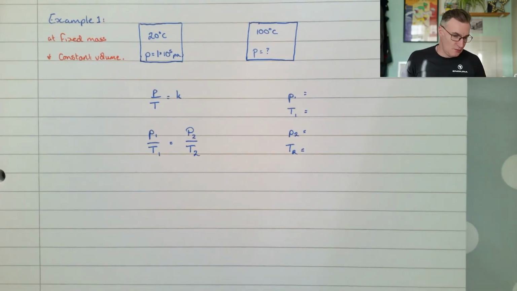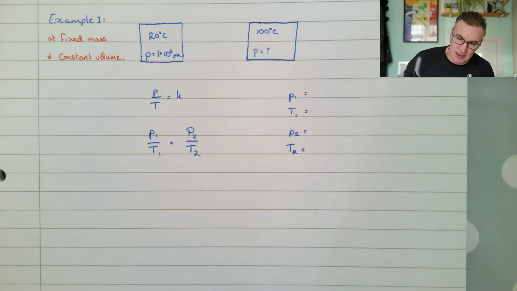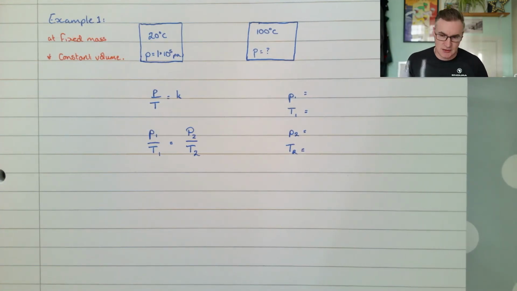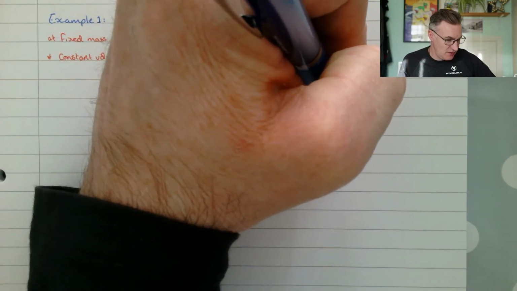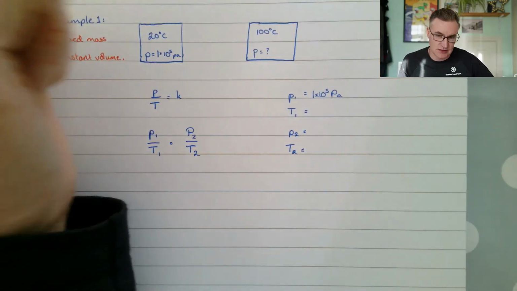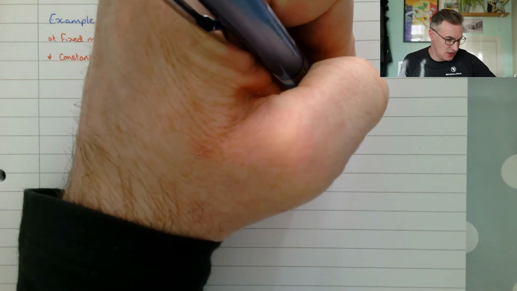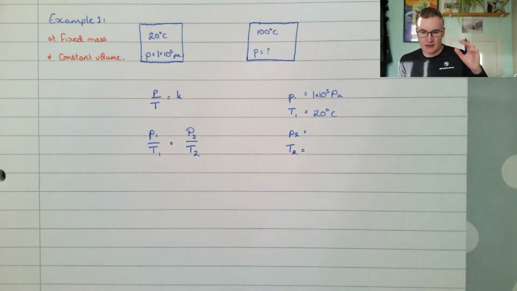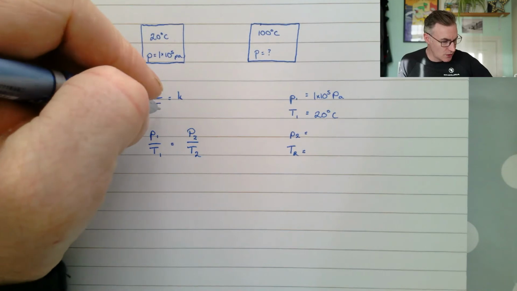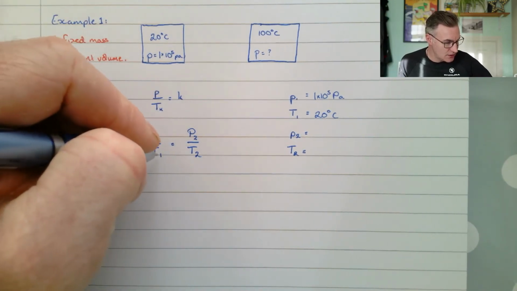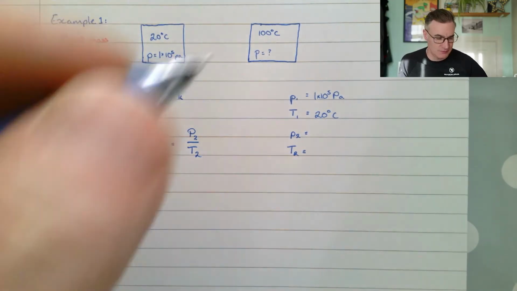One of the most common mistakes and one of the easiest things to do is to write down here 1 times 10 to the 5 pascals, 20 degrees C, and you're going to think, great, it's 20 degrees C, you stick 20 degrees in the formula, and you forget altogether that actually the formula only works if your temperature is in Kelvin.